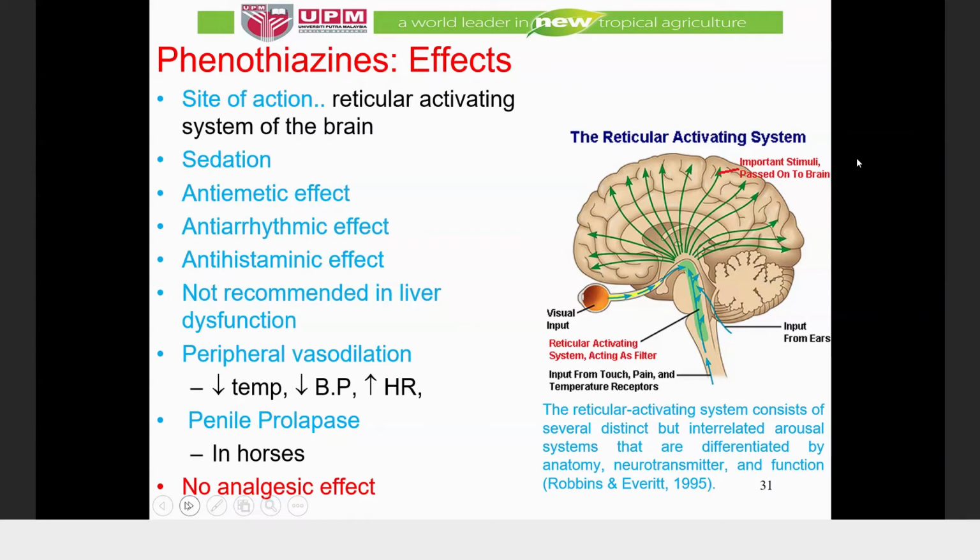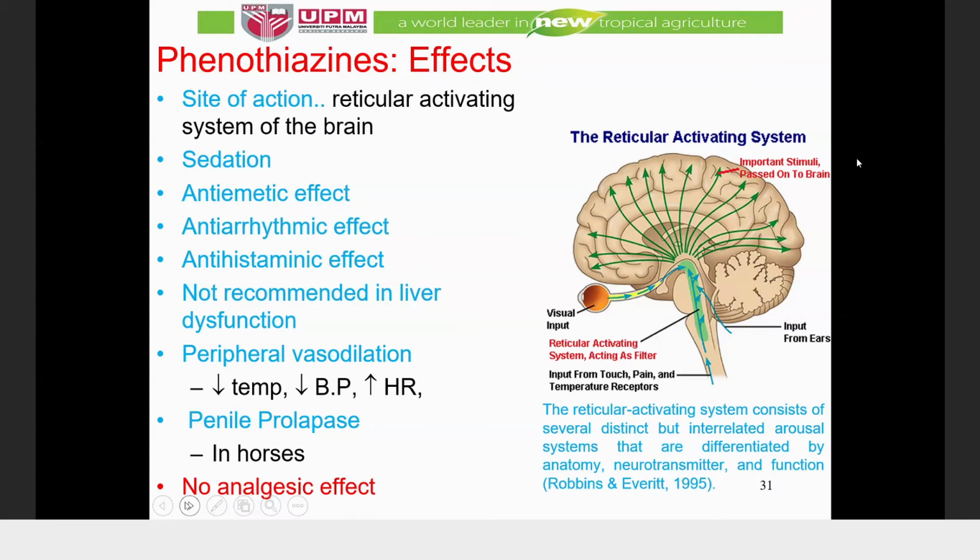It has an anti-emetic effect, it prevents vomiting, so you can also use it in animals that come with a complaint of vomiting when you want to anesthetize them for a surgical procedure. Acepromazine has an anti-arrhythmic effect too, so it is very helpful for calming the patient and preventing arrhythmia of the heart. And it also has an antihistaminic effect, which is very good for the animal.